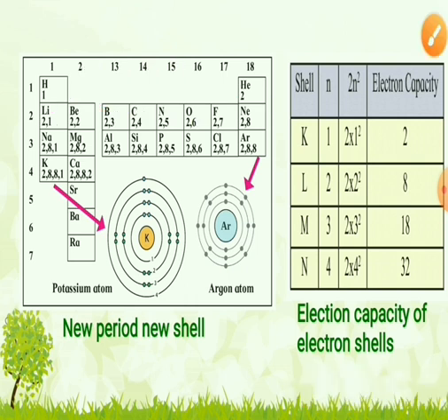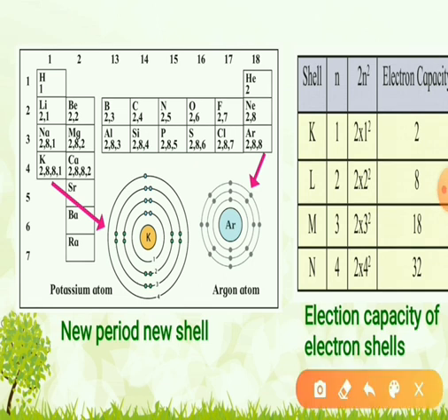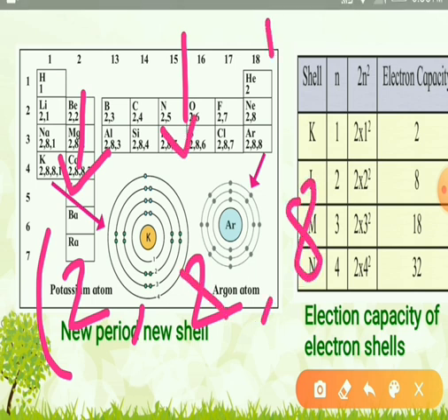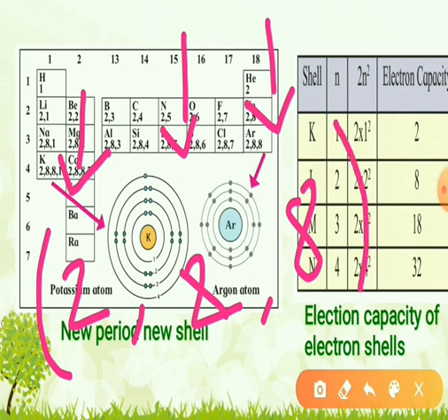1 electron gets added. See students, here you have the electronic configuration distributed in such a way that the first shell has a capacity to hold 2 electrons, the second shell has a capacity to hold 8 electrons, the third shell also has a capacity to hold 8 electrons.